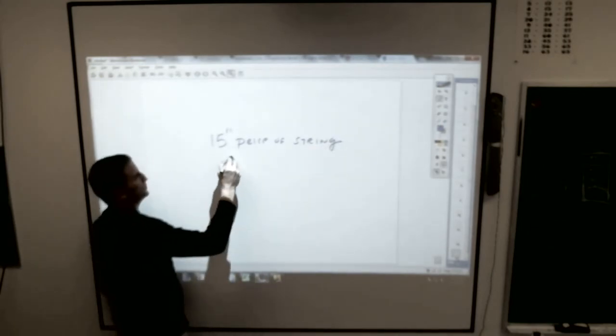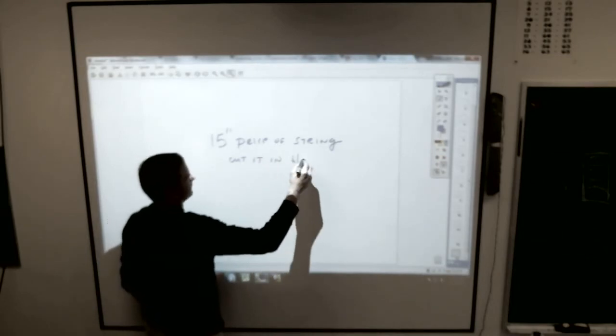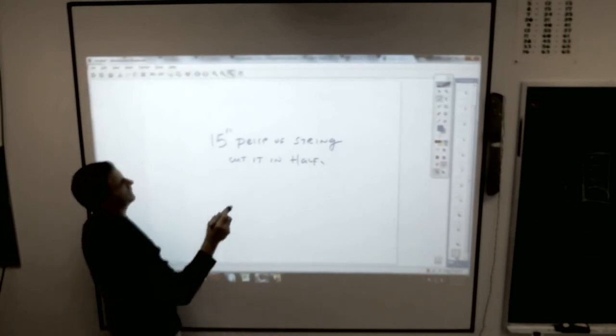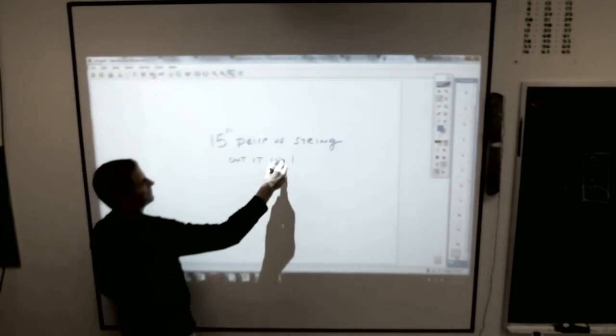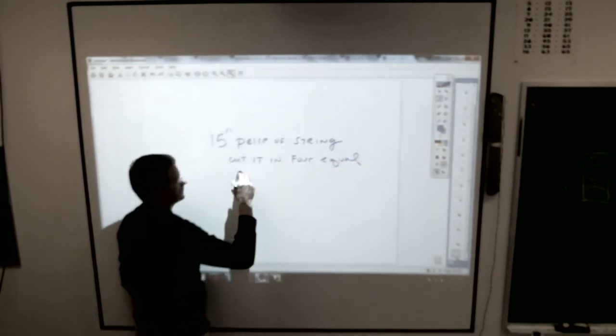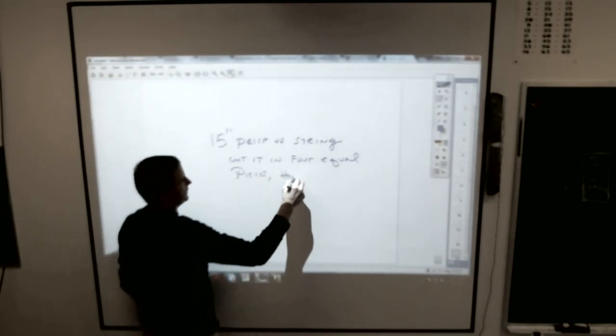And you needed to cut it in half. Although you can probably do that. No, let's cut it in fourths. Let's cut it into 4 equal pieces. How long would each be?